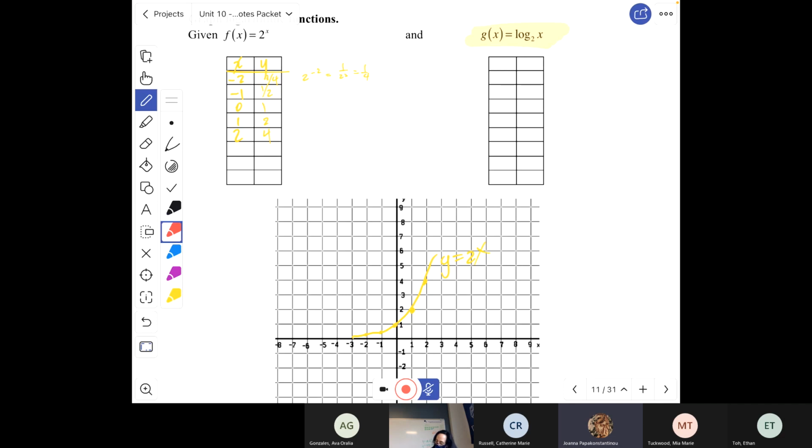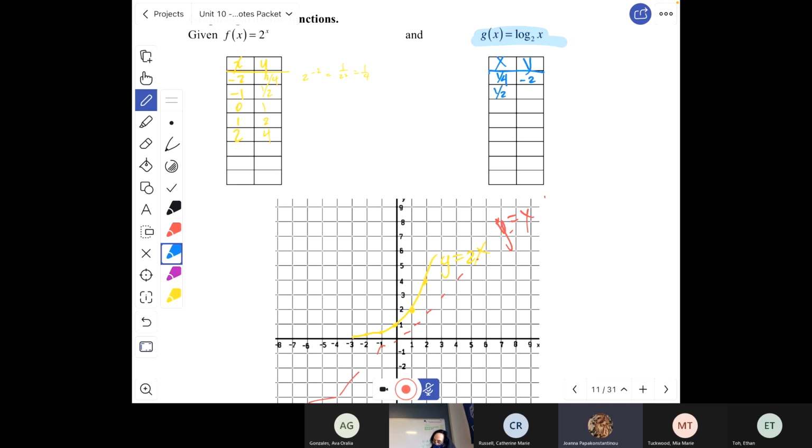So if I wanted to know the graph of its inverse, I can just interchange my x and my y. Let me erase this so it's not yellow, because that might be misleading. Now I'm going to graph that. How am I going to get it? I'm going to interchange my x and my y from my exponential function. So when x equals 1/4, y is -2.